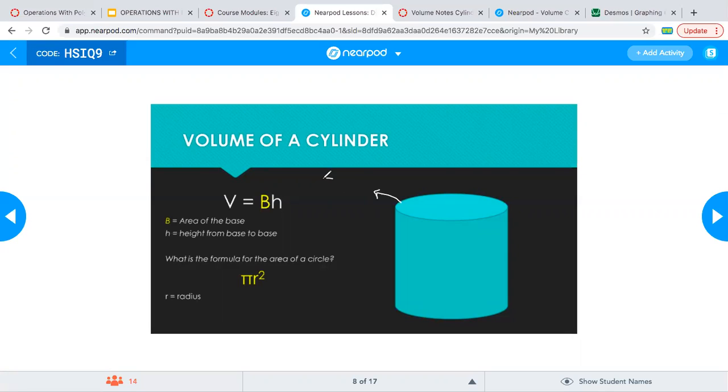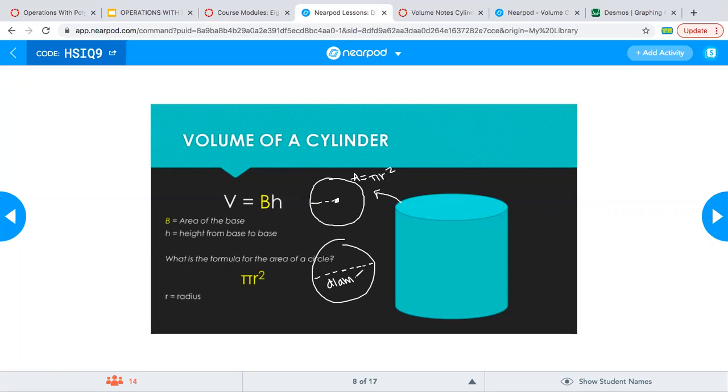So I'm going to draw out a circle. The area of a circle is pi r squared. On a circle, it could either look like this, the dimension it'll give you, or it could look like this, where it's all the way across. All the way across from one side of a circle to the other side is the diameter.